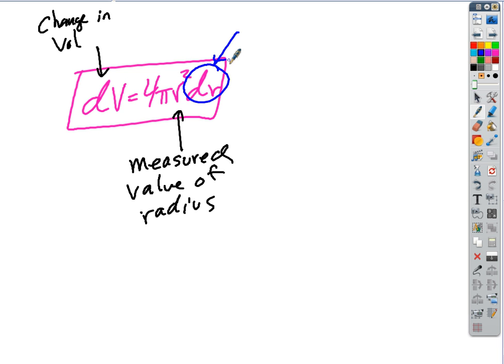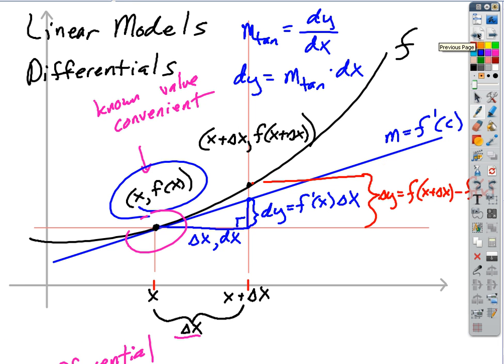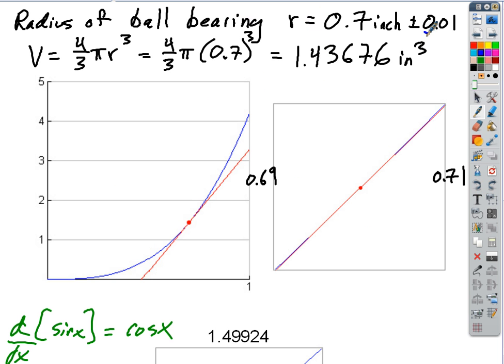That's the amount, and it makes sense, doesn't it? That's the amount we called dx up here. It's the amount that we might be off from our known value, or the convenient value. It's the amount that the independent variable, which was x in that case and now is r, might deviate from the point of tangency. So dr is just this, right? 0.01. Well, you're right, it is. It's going to be symmetrical on both sides, right?